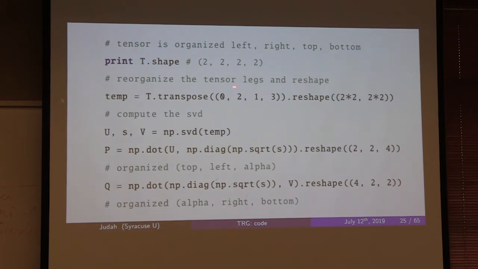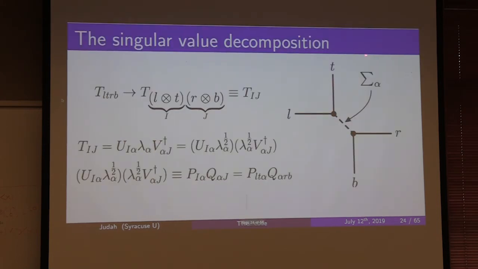So first I'll put the 0 and 2 right next to each other, so 0, 2, and 1 and 3 right next to each other, 1, 3. And then clump them together into 2 product states. So now left and top are a single index, and right and bottom are a single index. And this is a matrix that I've called temp. And it looks like this and this.